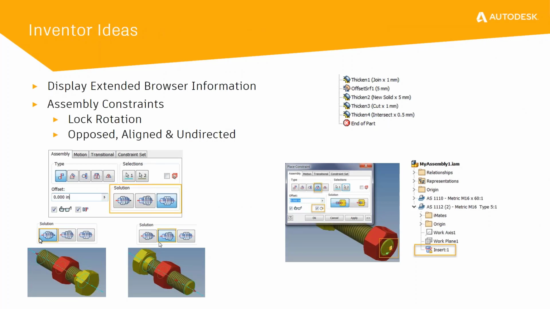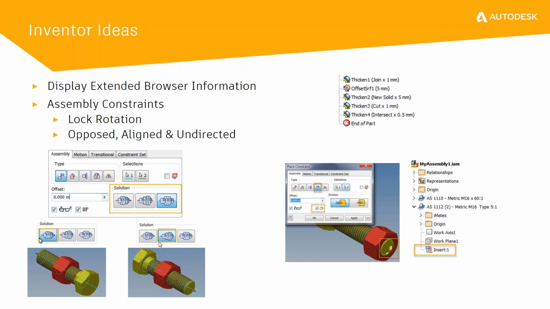Furthermore, the place constraint dialog box provides 3 new solutions for constraining 2 axes together. You can use the new options of opposed and aligned to control the direction of an axis when creating a mate constraint between 2 axes. There's actually 3 options. There's opposed, which is the default. This reverses the mate direction of the first selected component.